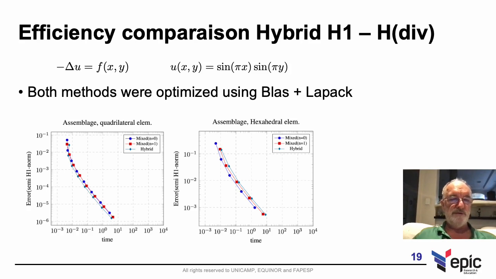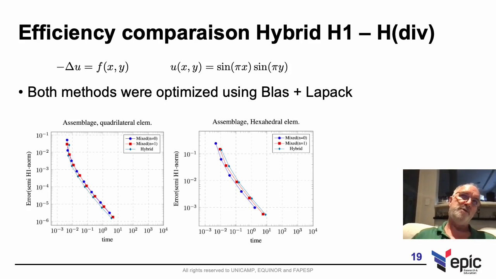And we note that the approximation error of the flux space for hybrid H1 and HDiv, comparing the time in terms of the approximation error, they're totally equivalent. So the HDiv approximation has more degrees of freedom, but they need to be condensed.